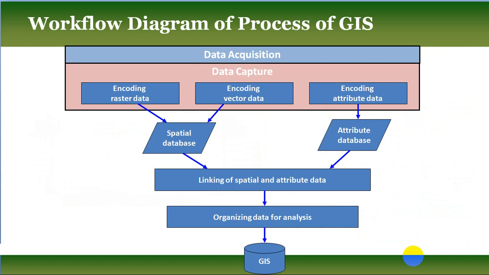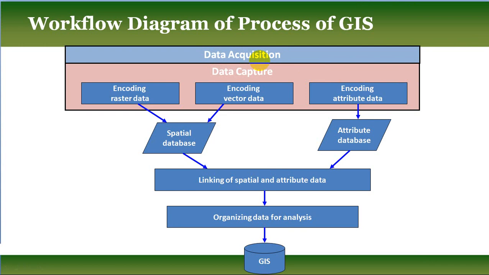In the first presentation I am showing you the workflow diagram of a process of GIS. This is basically a general perception of the process of GIS, how the workflow goes on. So the first step in any GIS project is that you have to acquire data.